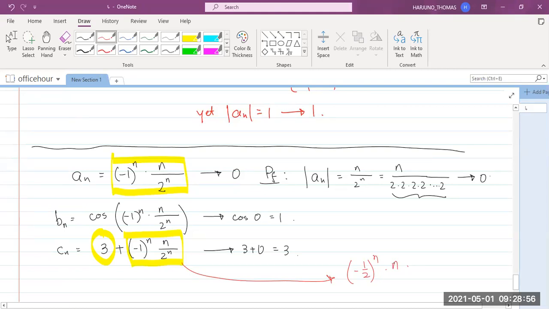So he tried to hide the fact that it is actually alternating and combine the exponential at the bottom together with the alternating part.